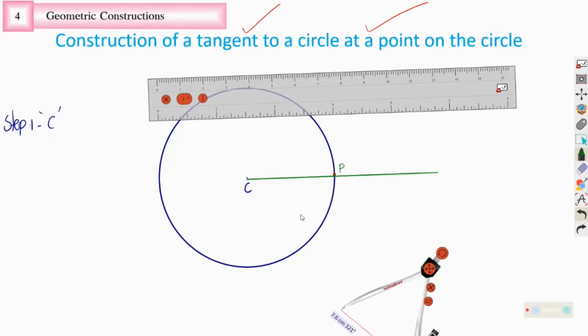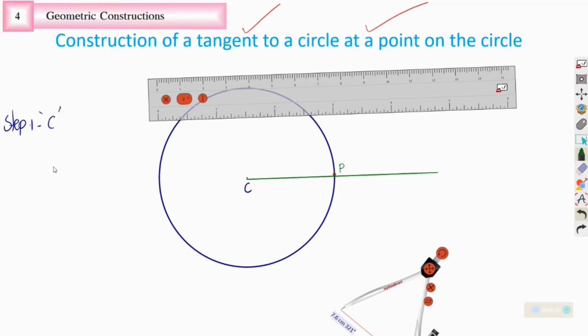So what I will do is, I will simply draw a line perpendicular through that point, because we have studied a property.